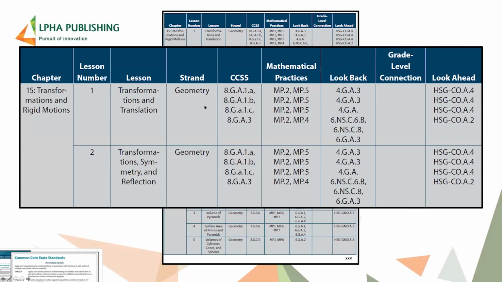So this is geometry that we're looking at now. It gives you the Common Core state standards that are covered in that lesson, the mathematical practices that are covered in that lesson. It looks back at what you would have covered before this, and it looks ahead at where this will be covered next.